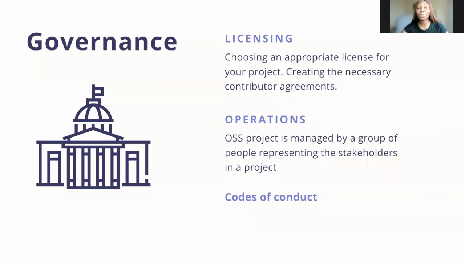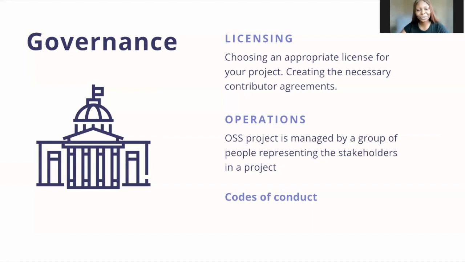That is why governance covers parts like licensing, where you get to decide what exactly your open source community should be, what license it should have, and how transparent you want your community to be at this point in time. You get to choose whether you want it to be closed source or open source, and other necessary contributor agreements that you put in place. Governance also covers the operations, where you have persons in leadership and managerial roles taking charge of everything: programs leads, community managers, other representatives of the community, and also stakeholders.